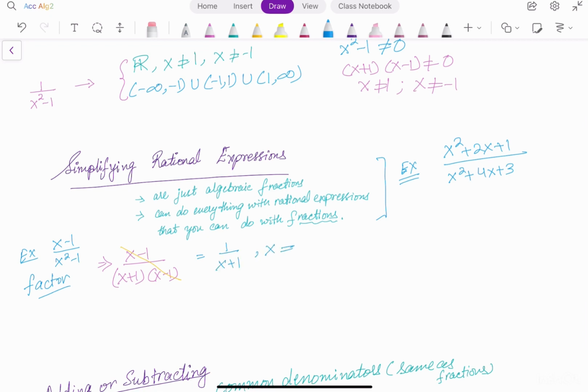That will help us define the domain. So the domain cannot be equal to negative 1. Now you might consider what will happen with the binomial that we have just cancelled out. Do this drill. Try to graph this on Desmos and see what happens at x equal to 1, because what we cancelled out is x minus 1, right?